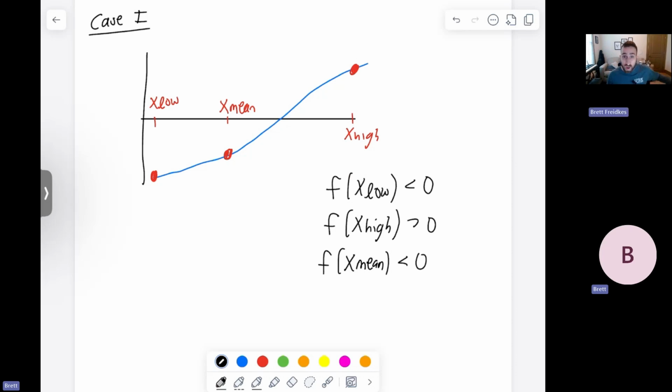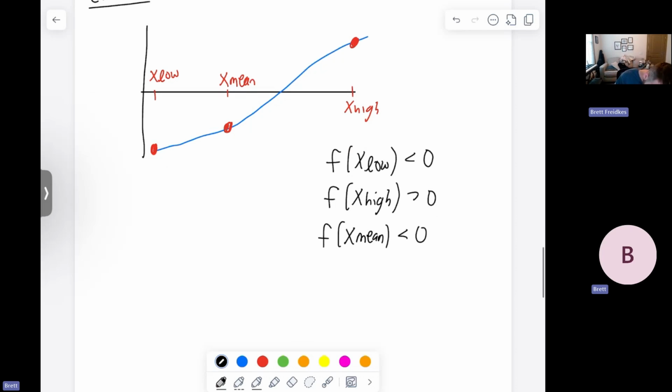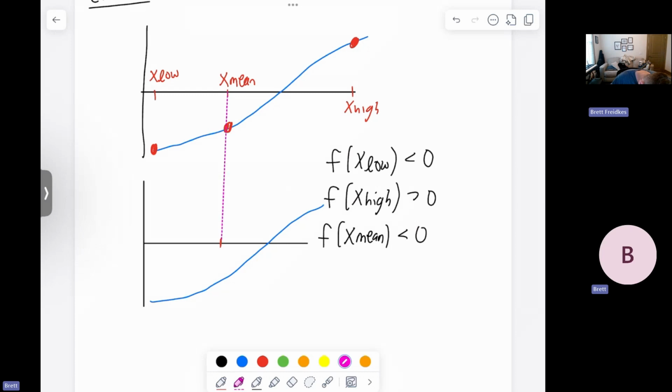So that means when we do another iteration, that x mean is going to replace our x low. Just to show what that looks like, I'll draw the picture again. Like that. This now, which is the same as that, is going to be my new x low, and the point from before is still going to be the x high.